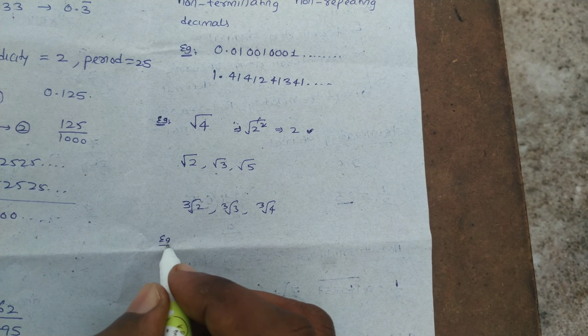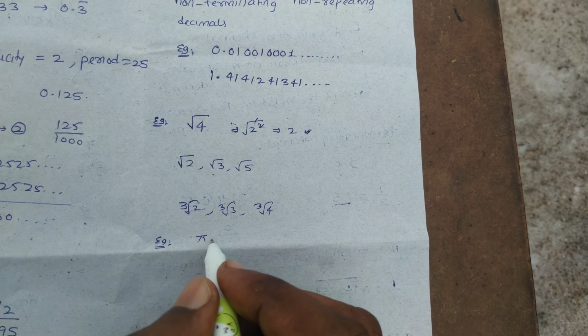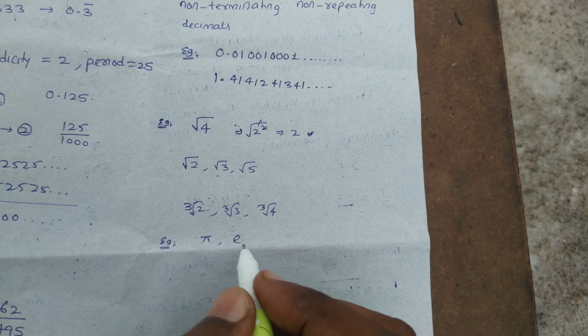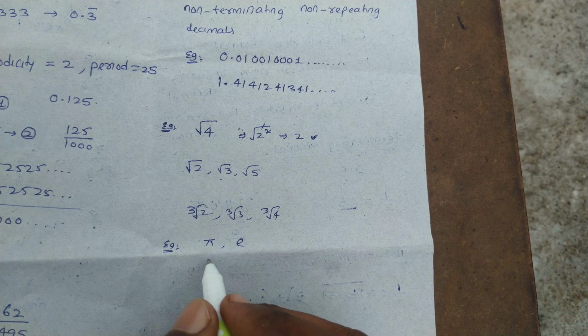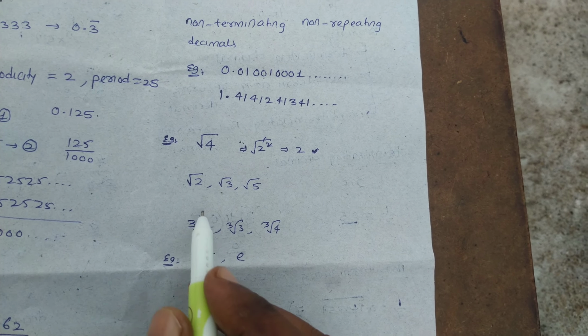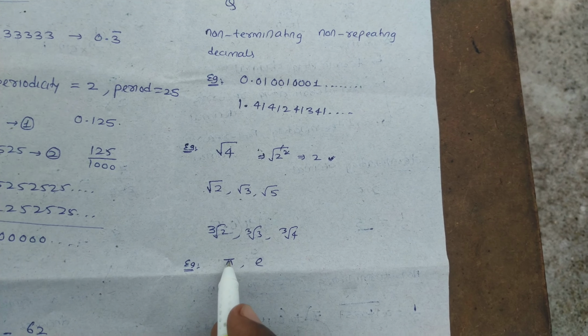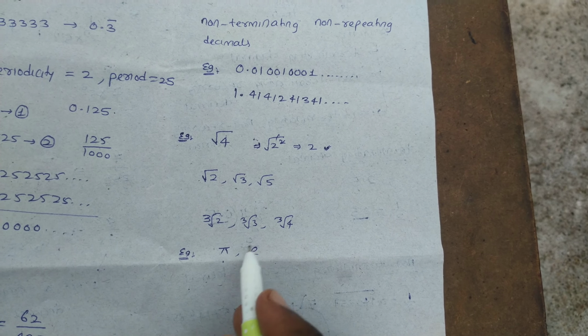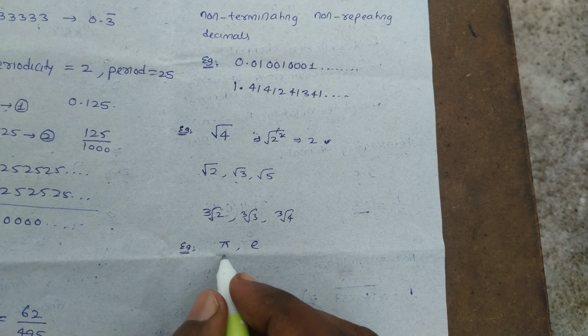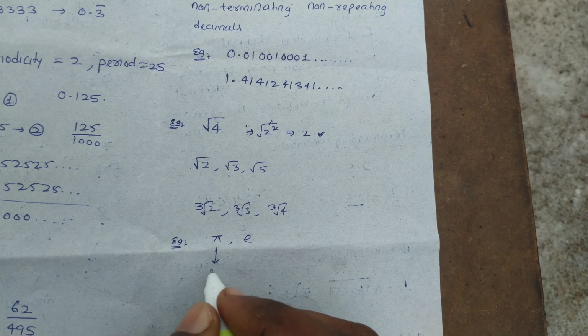You can take one more example like pi and e. But these values are very unique. These are not roots, and these are not ordinary numbers, but symbols. These symbols have different values. What is the pi value?